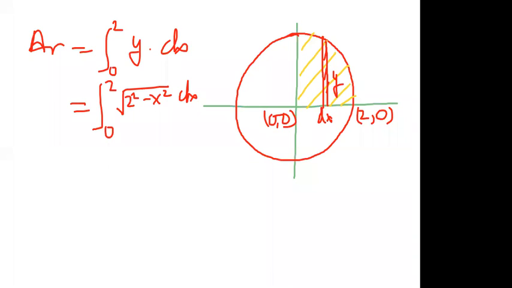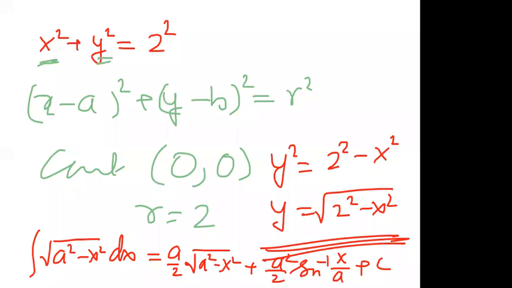So it will be 2 by 2 under root 2 square minus x square plus a square, sorry, something went wrong. I might have written the identity wrong. It is x by 2, and yes, I have written it wrong. It's my mistake.